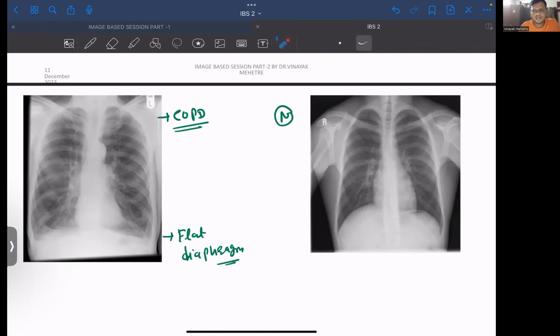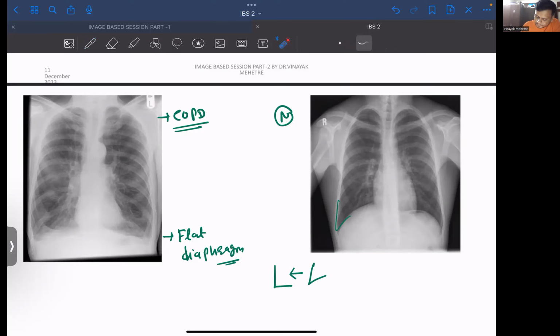CP angle is not reduced. Actually, it is increased. One angle looks like this and the other like that, there is a difference, right? It is increased, not reduced. One looks like 90 degrees, and this one looks like 45 degrees, right? So it is increased.